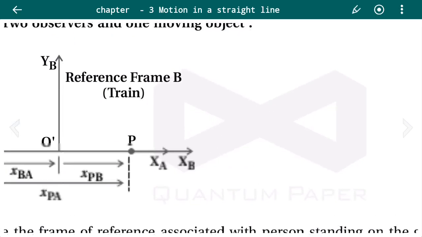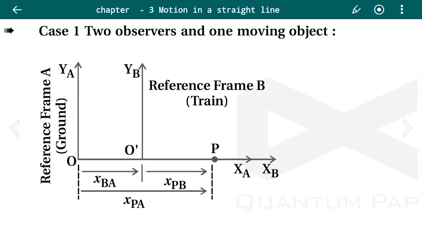Now let us understand this figure, right? We already know that to describe the position of the object we must choose a reference point, and for that we use the reference frame. So a reference frame is important to describe the position of the object along with the time, so a clock is also used.